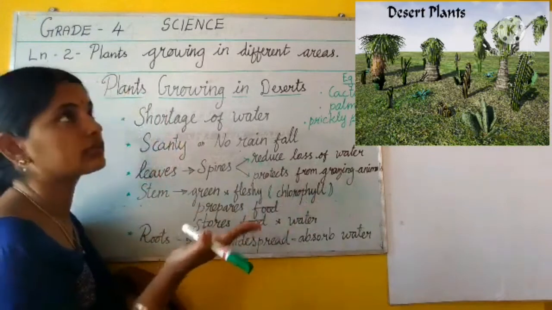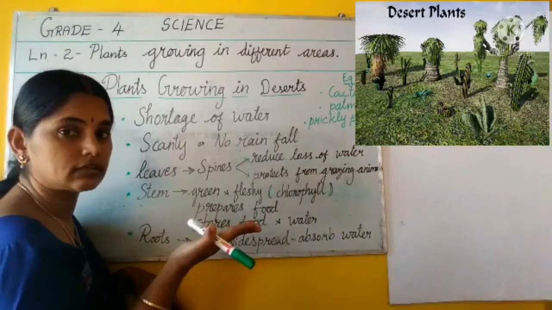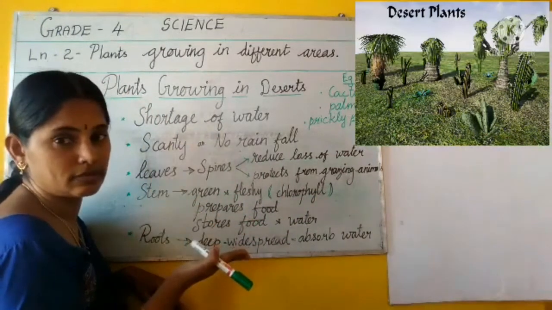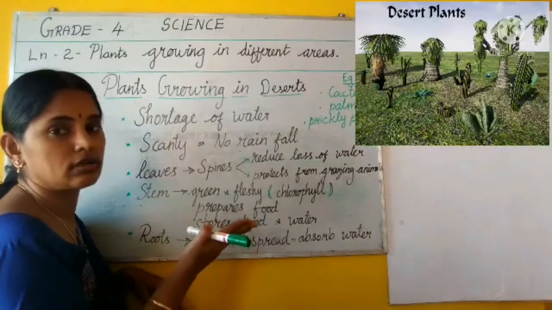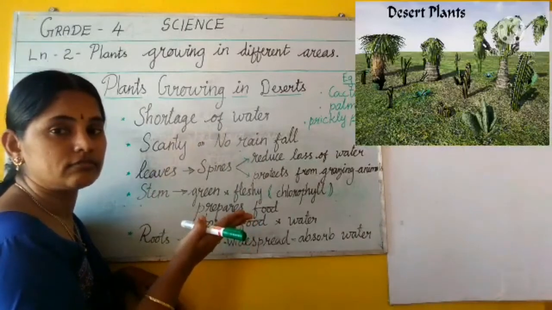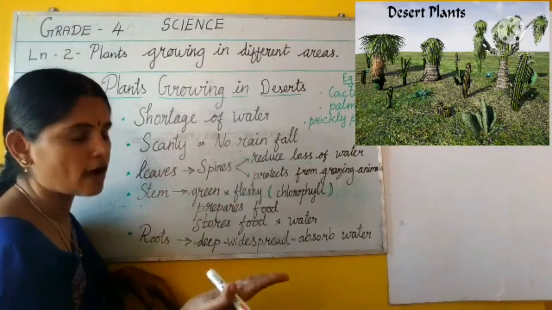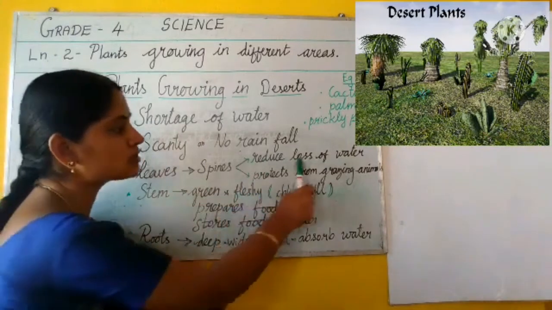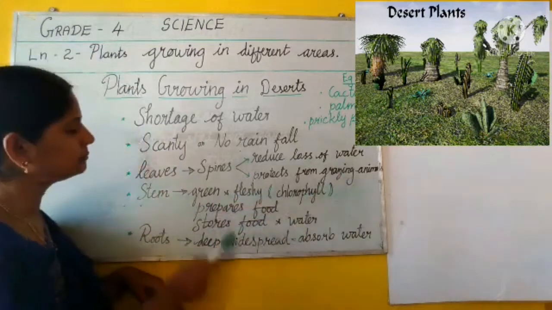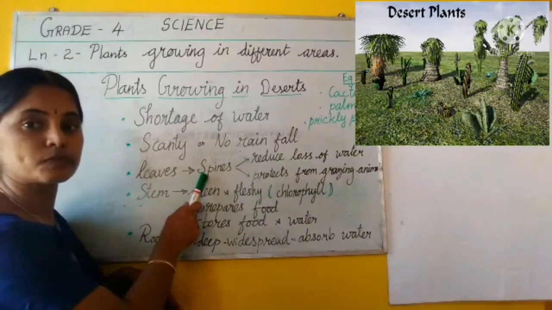If the leaf is very big and there is hot sun in the desert, what will happen? The leaf will dry very quickly. So in order to reduce loss of water, the leaf turned into spines.